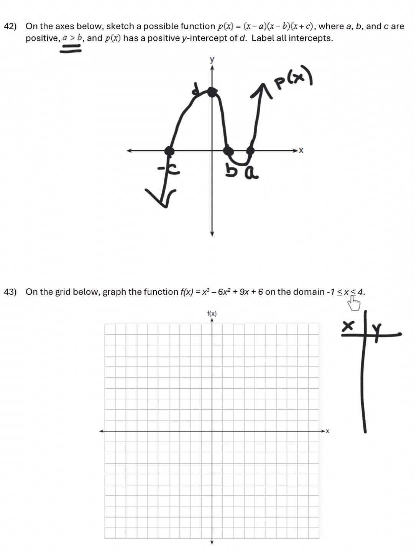And see how these are underlined? That means we want to include -1 and +4. So you're only going to include the X values that go from -1 all the way up until +4. Okay, so take out your calculator, try this out, and when you're done trying it on your own, then you can hit play and check how you did.